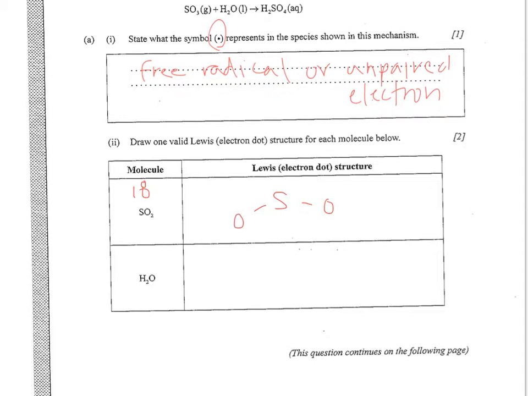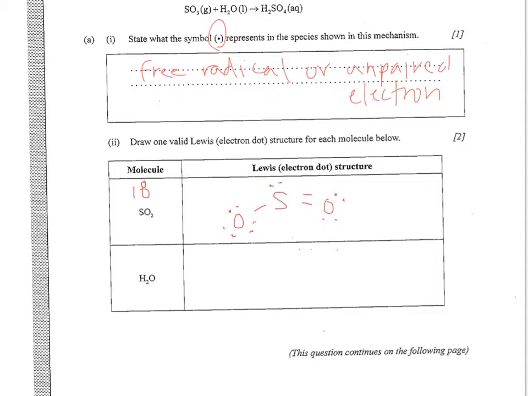And I don't have 20 electrons, so I'm going to be forced to put a double bond on one of these oxygen. So this molecule would have some resonance. That would leave me a lone pair for the sulfur, 2 lone pair for this oxygen, and 3 lone pair for this oxygen. And when I count up, that uses a total of 18 electrons and satisfies all 3 atoms.